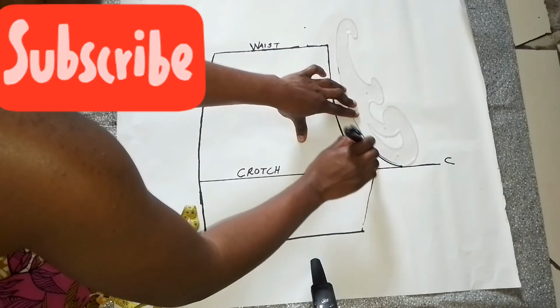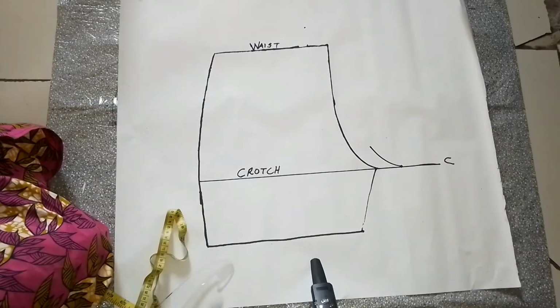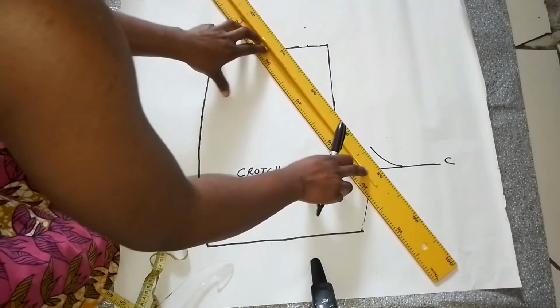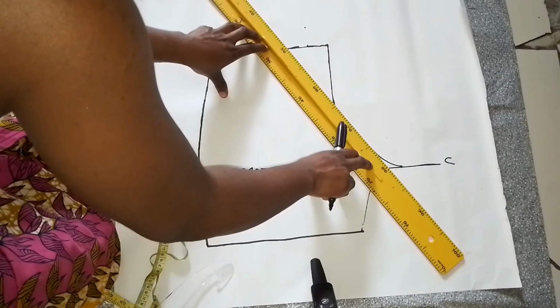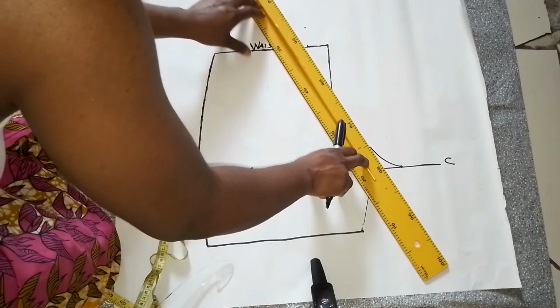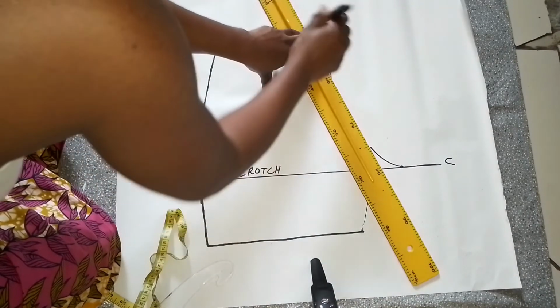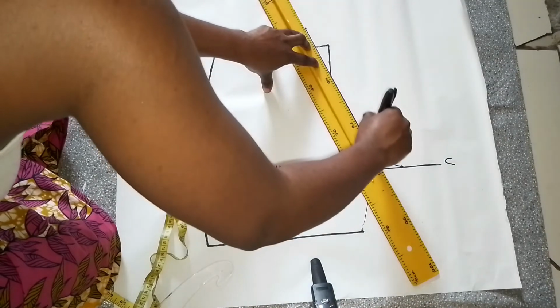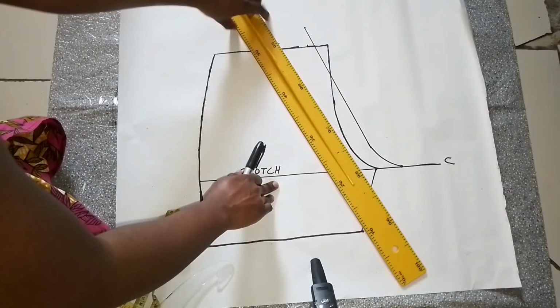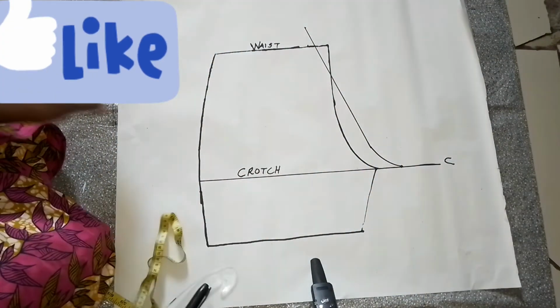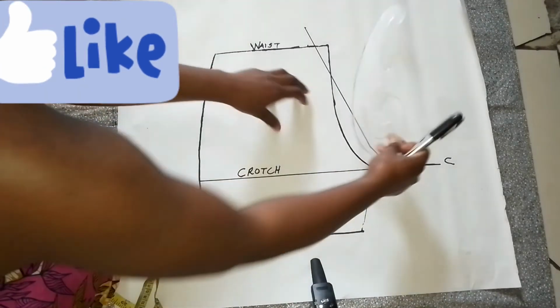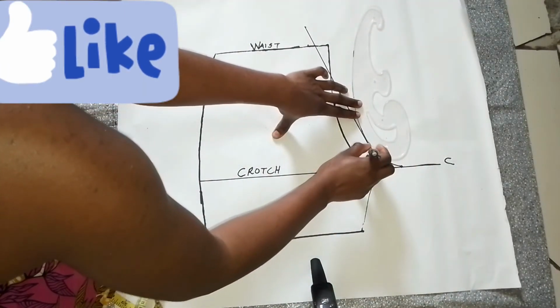As you can see, I'm using my curve ruler. Then I'll connect it up. Okay, so this is the back crotch for the short. Let me just curve this a bit more.